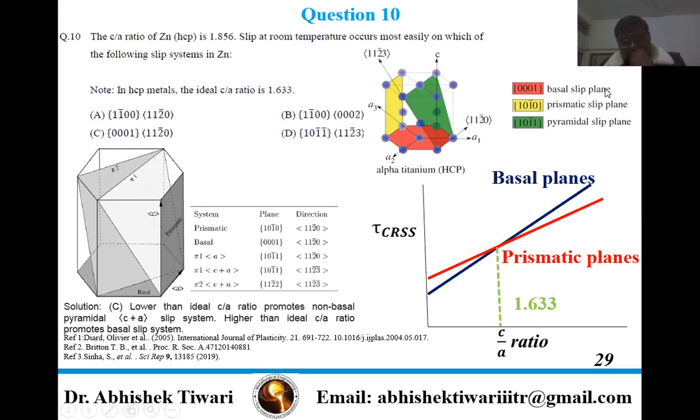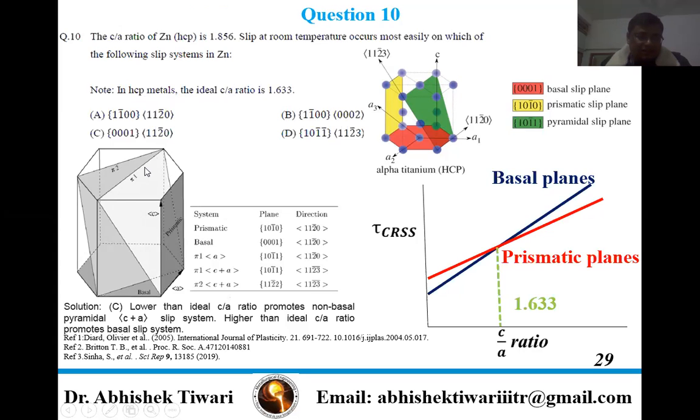Question number 10. The c/a ratio of zinc HCP is 1.856. Slip at room temperature occurs most easily on which of the following slip systems in Zn? These are the options. In HCP metals, the ideal c/a ratio is 1.633.